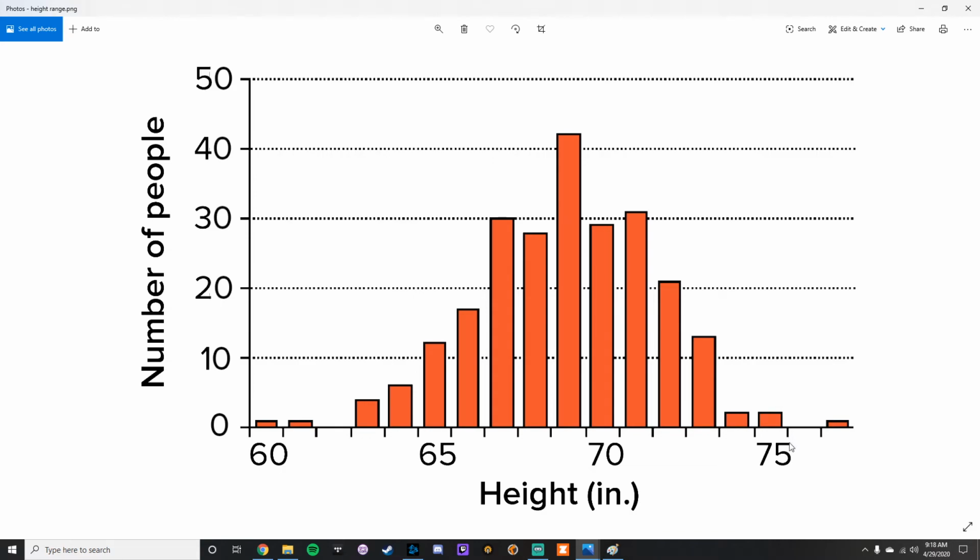So if this is 75, 74, I would be right here. Now, there are people that are taller than me, and there's a lot of people that are shorter than me. But if you look at it, I kind of fall into this bracket where most people fall into. And so when you look at it, it kind of forms this curve like this. How does it do that? Well, it's polygenic.